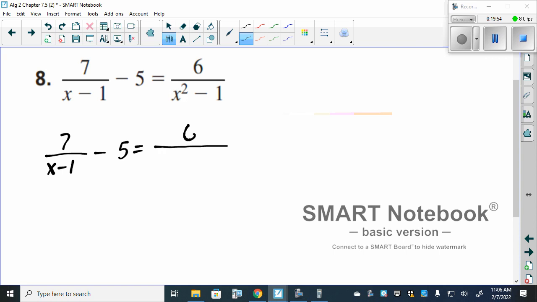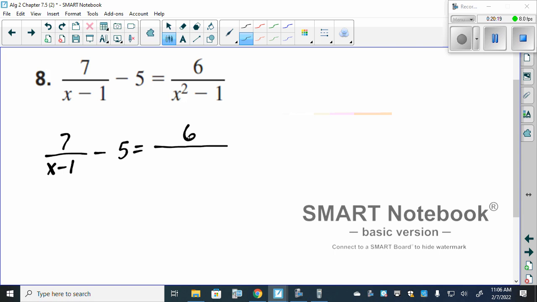Let's look at this one here. Now we look at this one. The only real difference is that this time we have a term without a denominator. And that's not really going to change anything in how we solve this here.